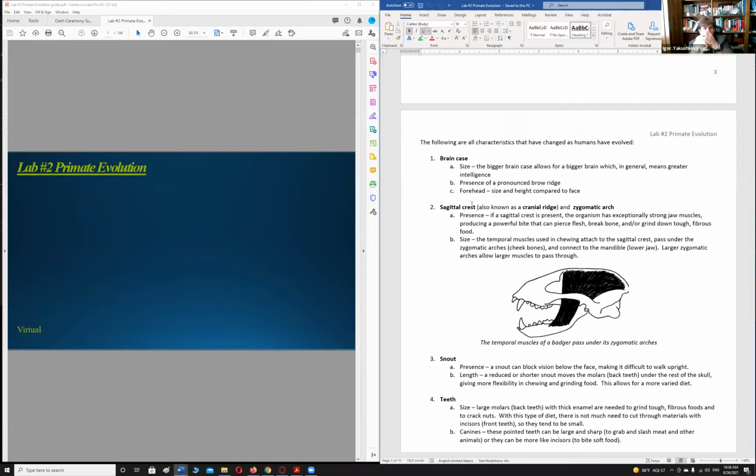Plus, it tells me what exactly that creature is eating. Why? If it has large muscles, it means that it's chewing a lot. If it's chewing a lot, for the apes or ape hominids, essentially, it means that it's predominantly eating vegetarian food.